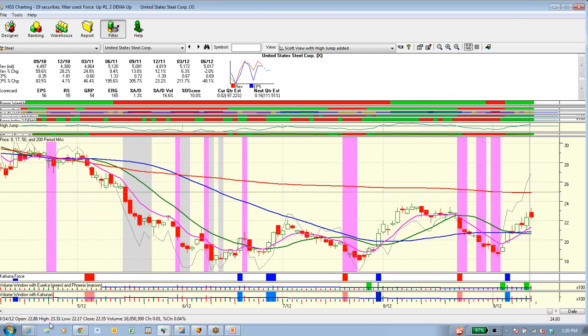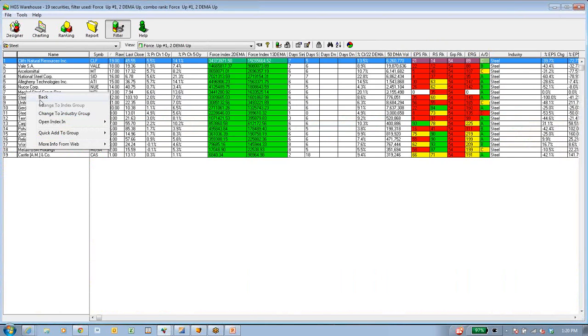It closed on Friday at 22.50, so that's a 10% potential run there. These are beaten up sectors, and this is why I said there was a lot of junk off the bottom in this rally.